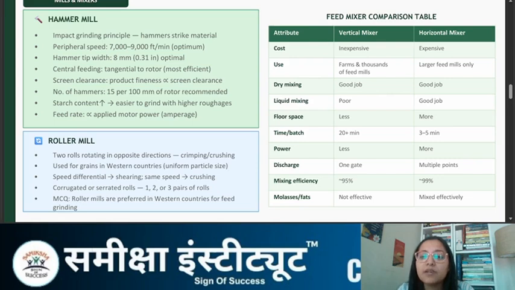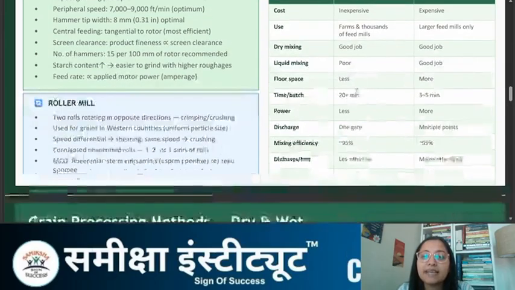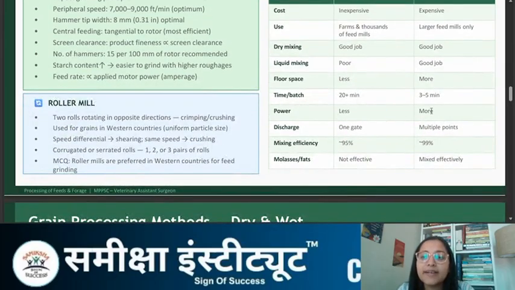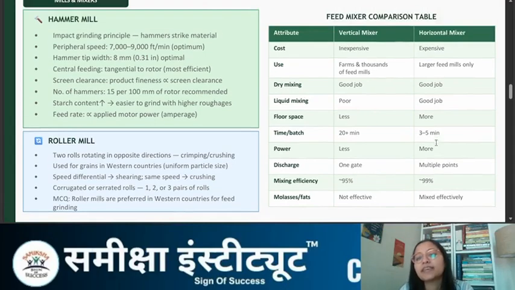Then mixing time will be lower in the case of a horizontal mixer because it is more efficient, and time will be higher in the case of a vertical mixer. Then power required, again the horizontal mixer will require higher power. Then mixing efficiency will be better: 95% in the case of vertical mixer and 99% in the case of horizontal.